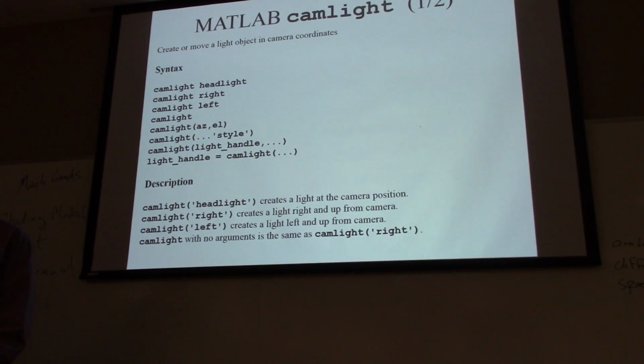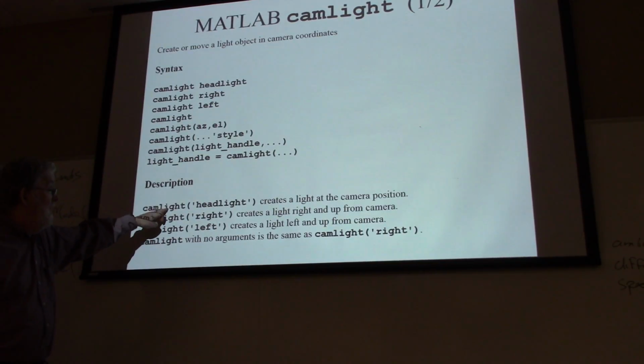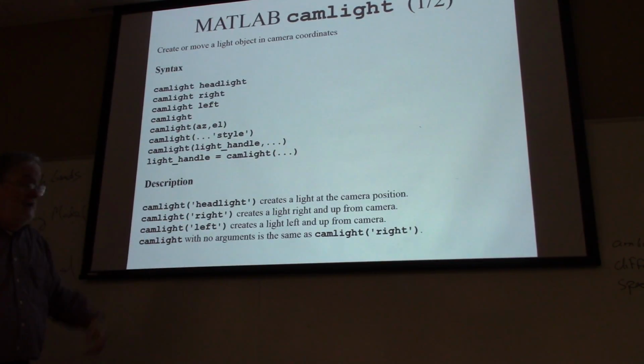So here's camlight. Basically, we can pick, I mentioned headlight, there's also right. So the light is going to be to the right of the camera and up a little bit. I don't know how far, maybe determined by azimuth and elevation, and then camlight left.